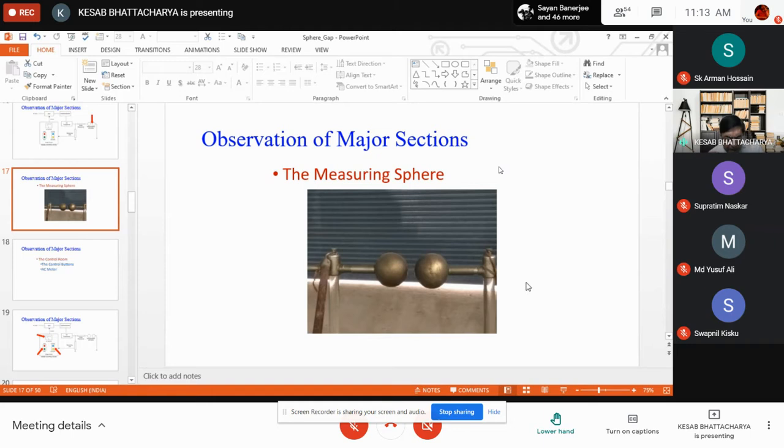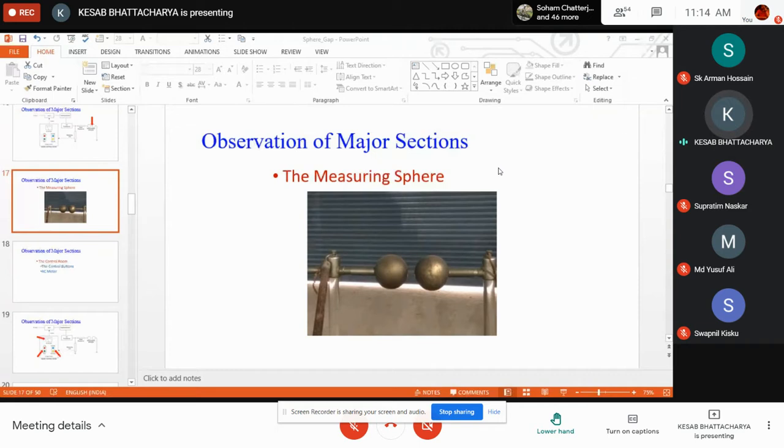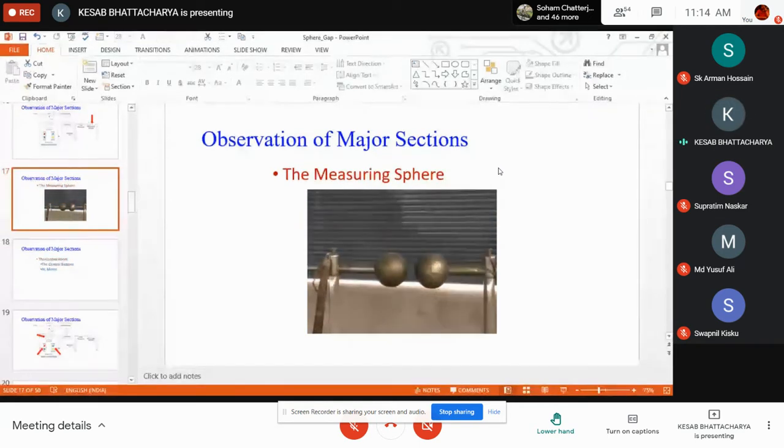Now, if in the gap the resultant electric field exceeds the dielectric strength of air, which is 30 kV peak per centimeter, then the air within the gap will ionize, and we can say that the sphere gap has broken.